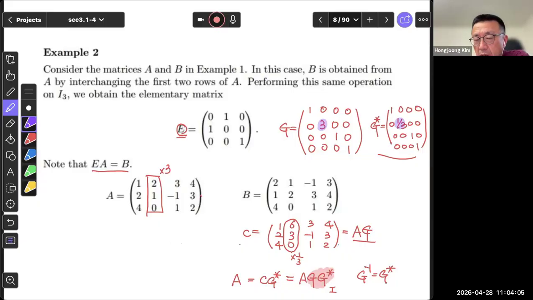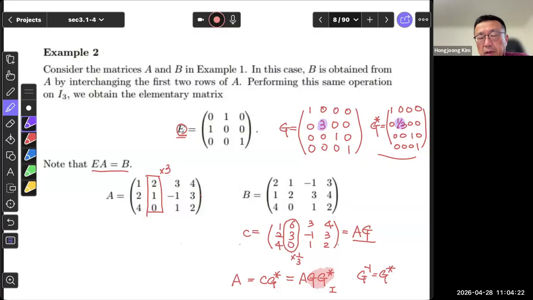And considering the reciprocal of a scaling factor is not a problem, because when we consider the scaling operation, the type 2 operation, we multiply a non-zero value.